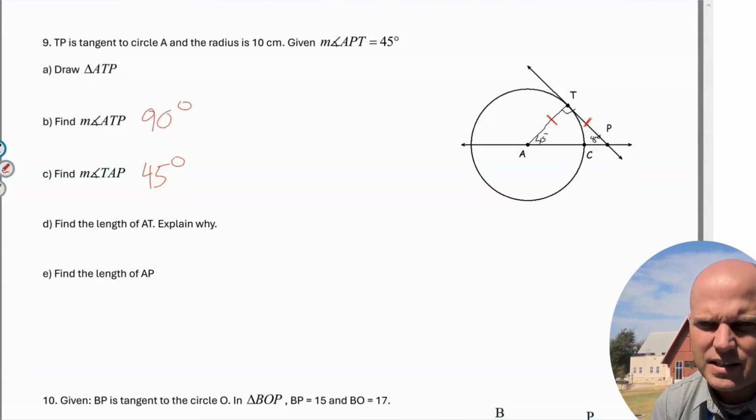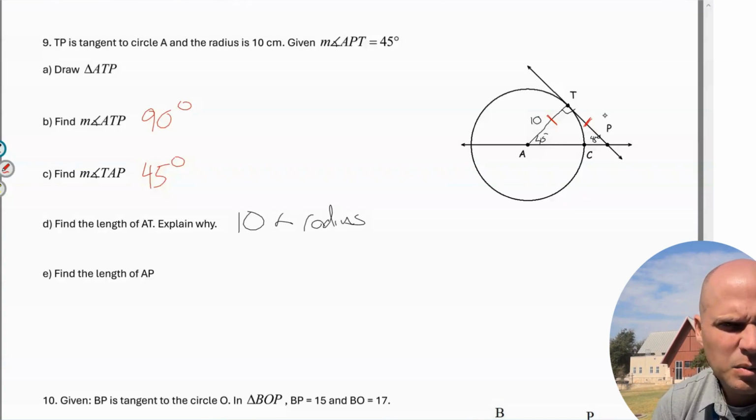What's the length of AT? Explain why. Well, the radius is 10 centimeters, so that's that. But what about AP? Well, if this is 10, this has to be 10. AP has to be the hypotenuse.